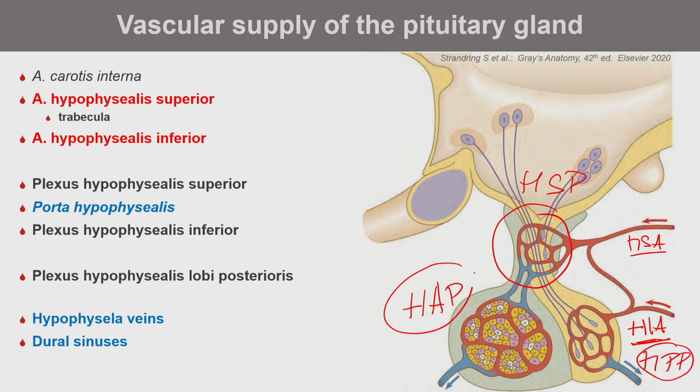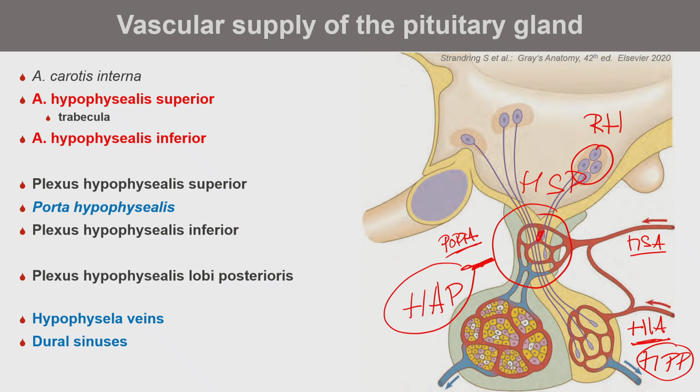The anterior plexus is connected with the superior plexus by the venous structures called porta, so gate. So what you can imagine, here we have tuberal nuclei releasing hormones.